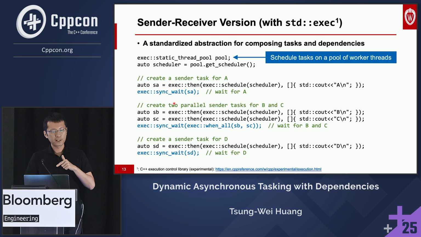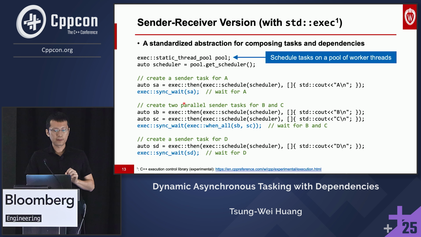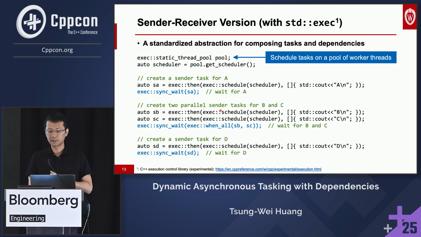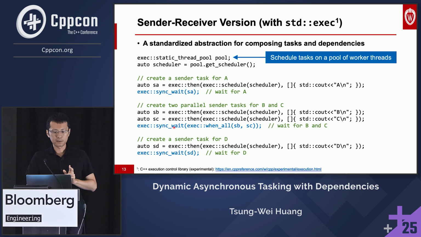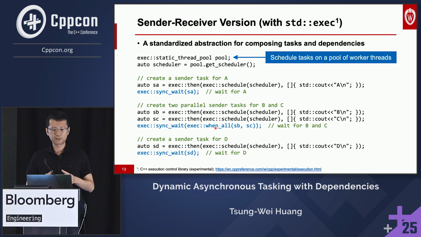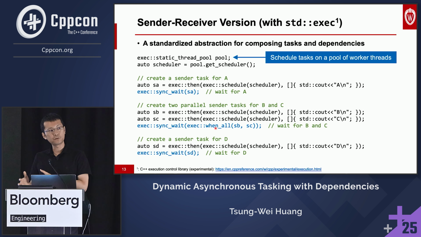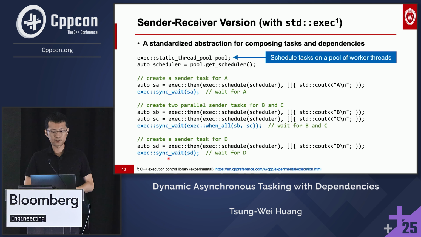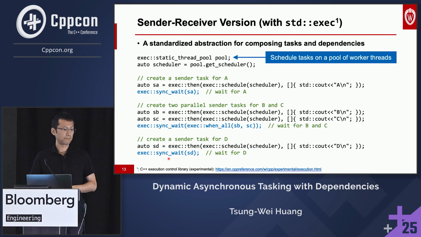Before we launch tasks B and C, we need to wait for A to finish. Okay, so this is the definition of our task graph. Then we create another 2 parallel sender tasks for B and C and use sync_wait again together with the when_all function to explicitly wait for B and C to finish before we can move on to create another sender task for D. Finally, we synchronize task D once more to complete the task graph.